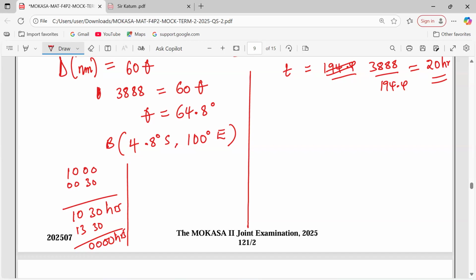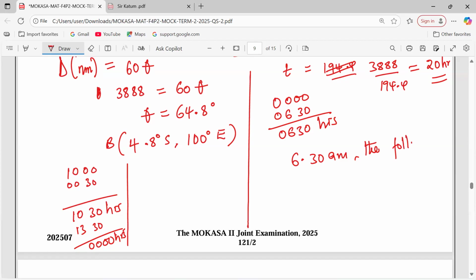So how many hours are yet to be traveled? 20 minus 13.5, we're getting 6.5 hours. Therefore, from midnight we add 6 hours and a half. This is 06:30 hours, which can also be given as 6:30 a.m. the following day.